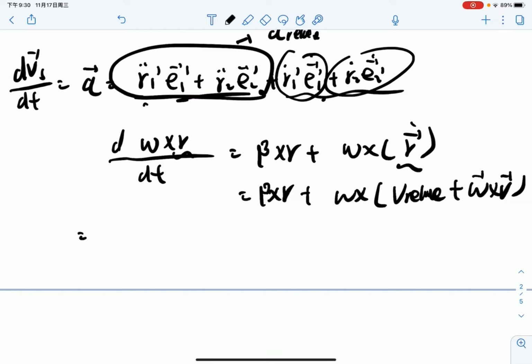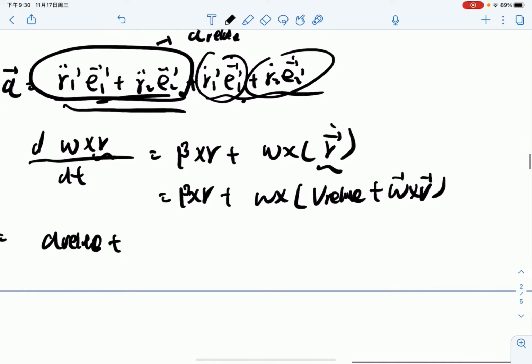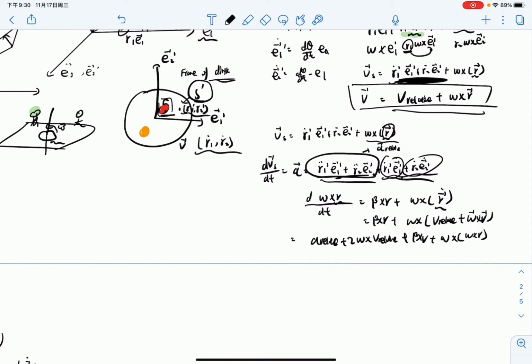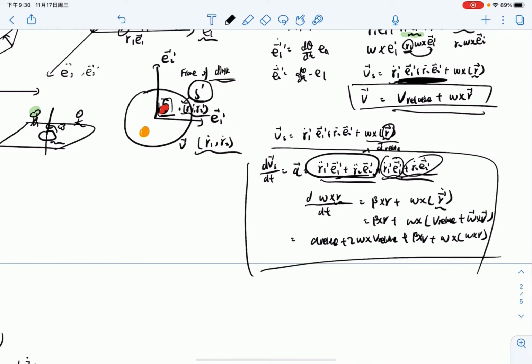So this one is a relative, plus 2W cross V relative, plus beta cross R, plus W cross W cross R. Okay, here we go. Here is the final result, which is really cool.